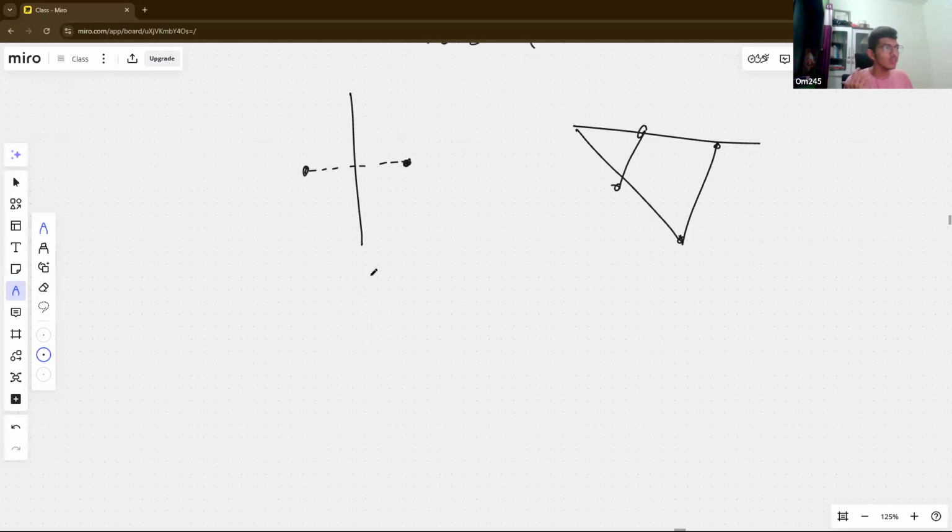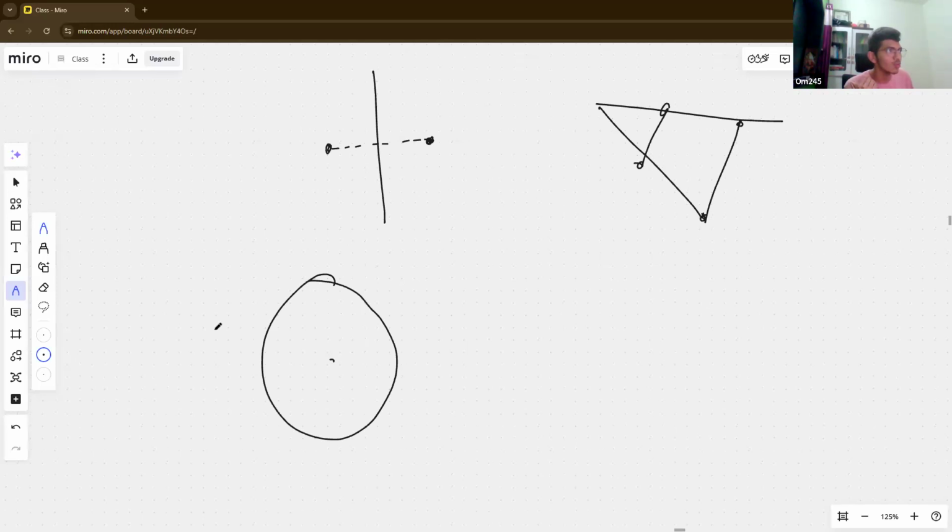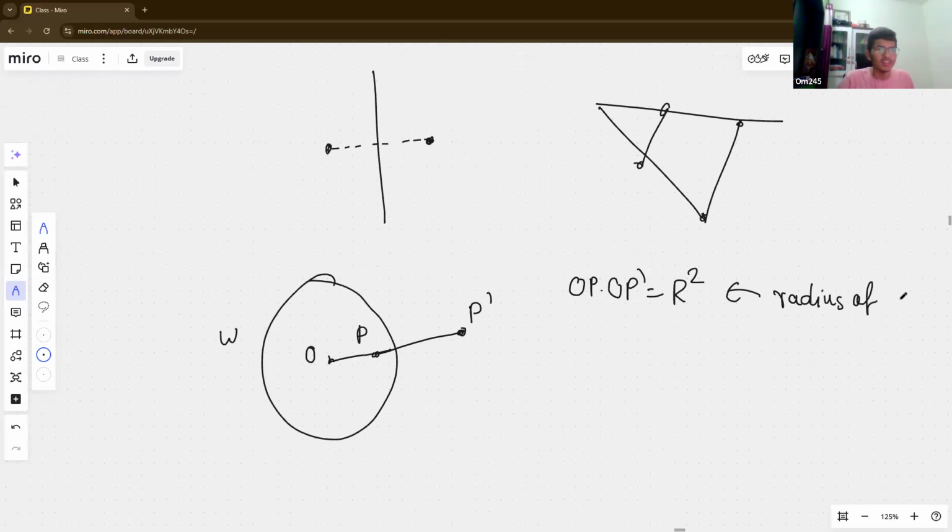For doing inversion, we first need a circle. Suppose this is a circle omega with center O. Then consider any point P, say inside the circle. We transform P to some P dash with the definition that OP times OP dash equals R square, where R is the radius of omega.